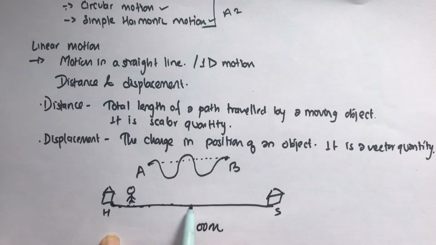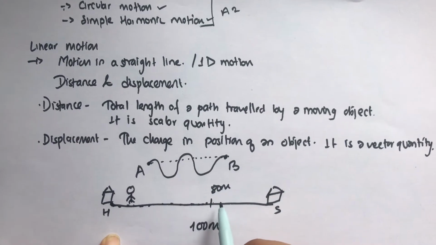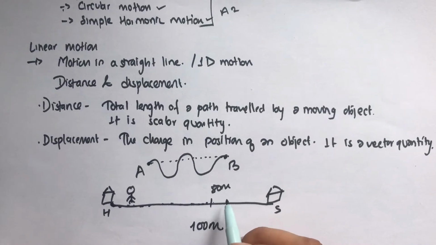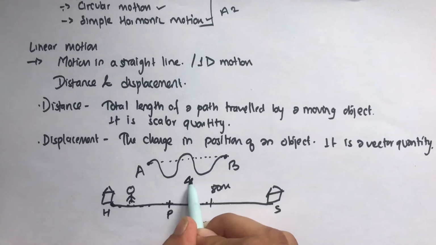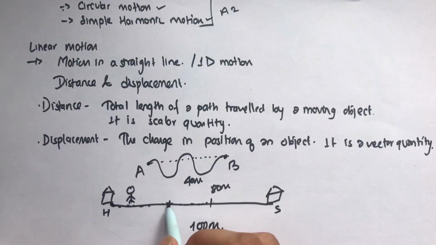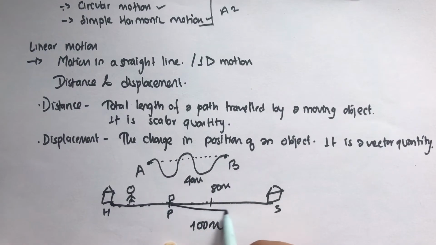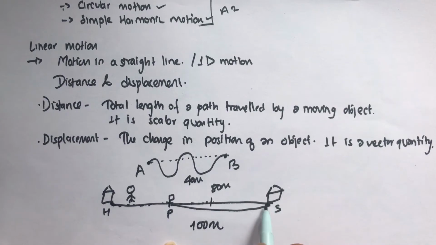After he has traveled, let's say, 80 meters, he realizes that he has dropped his wallet on his way. So he heads back towards his home to find his wallet, and he finds the wallet at this point P, which is 40 meters back. After finding his wallet, he then heads to the shopping mall, and after he finishes his shopping, he heads back home.